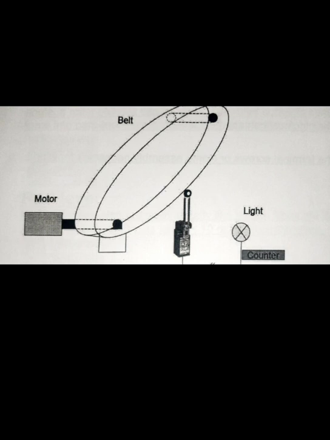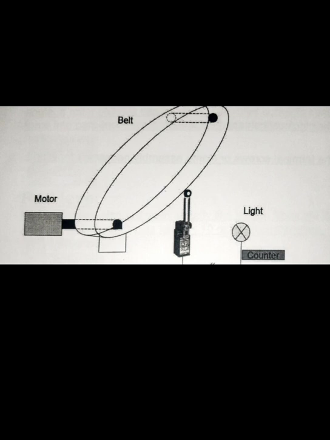In the construction of the limit switch, the actuator is the part of the switch which physically comes in contact with the target. In some limit switches the actuator is attached to an operating head which translates rotary, linear or perpendicular motion to open or close the electrical contact of the switch.